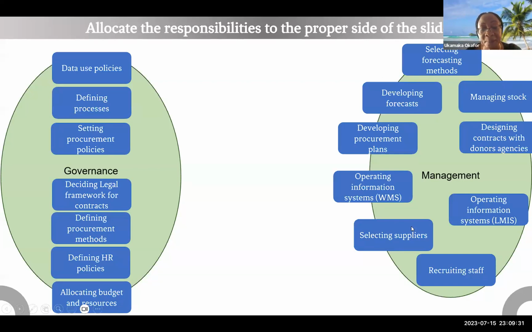Can I just quickly make a comment here, madam? Just to emphasize more on this slide and why we created an exercise out of it: a lot of times in supply chain, we get confused between what is governance and what is management.